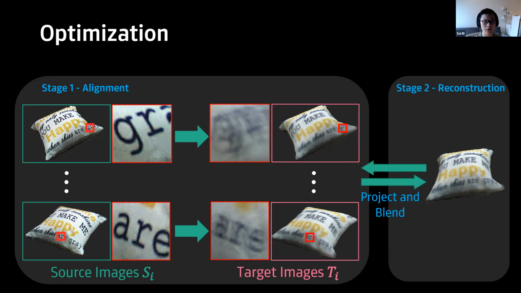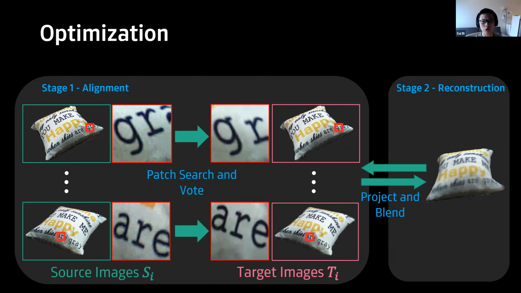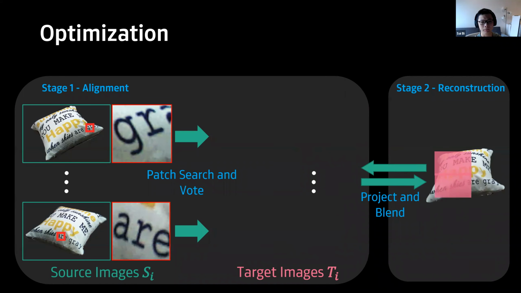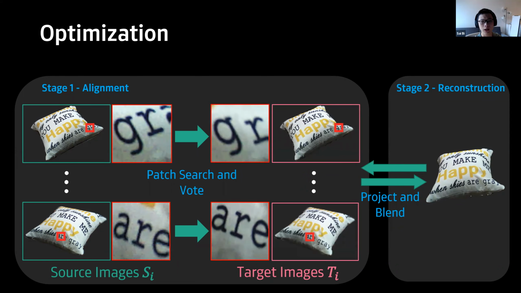The next iterations of the alignment process will then try to reduce the misalignment between the targets, which consequently results in a texture map with fewer artifacts after reconstruction. We continue this process of alignment and reconstruction iteratively until convergence.